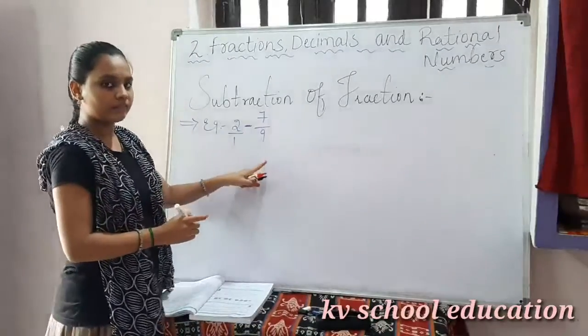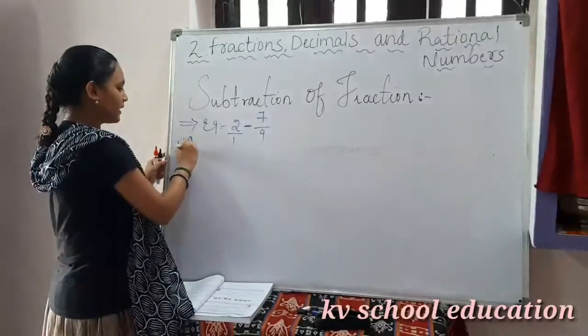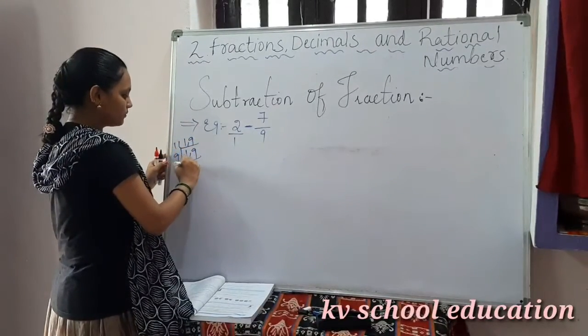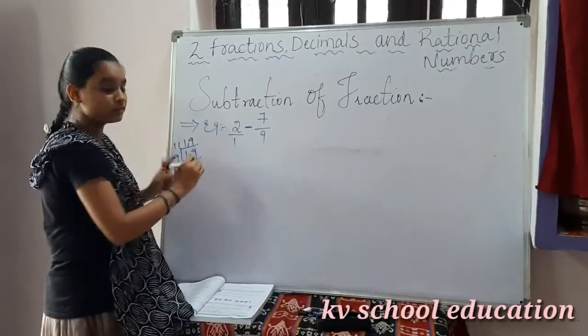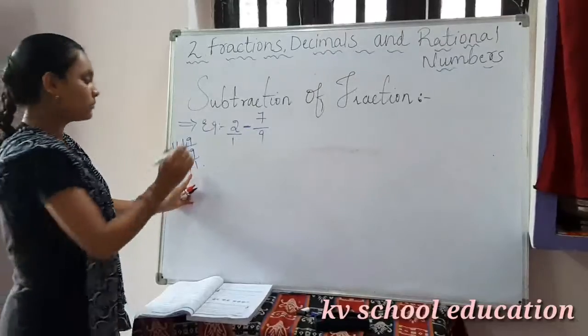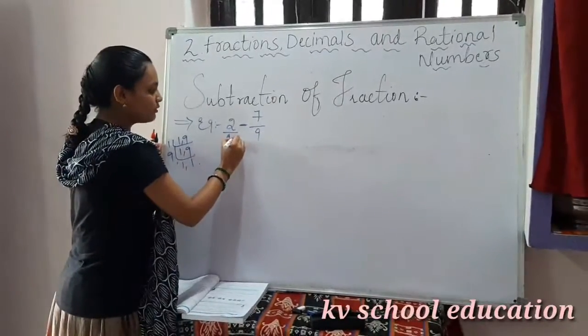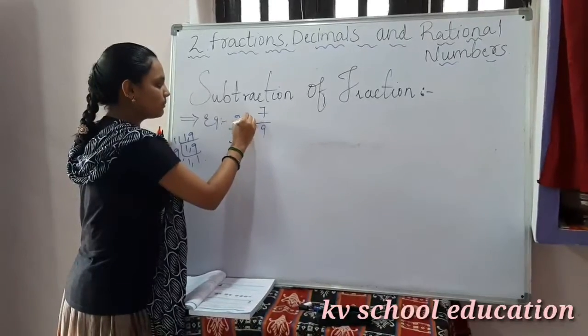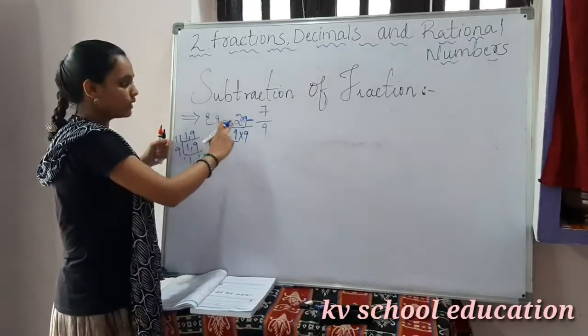So we must make them like fractions. For 1 and 9 we should take the LCM. 1 ones are 1 and 9 ones are 9. So here 9 is the LCM. In the 1 table, 9 will be possible at 1 nines are 9. The same we should multiply to the numerator, so 2 into 9.